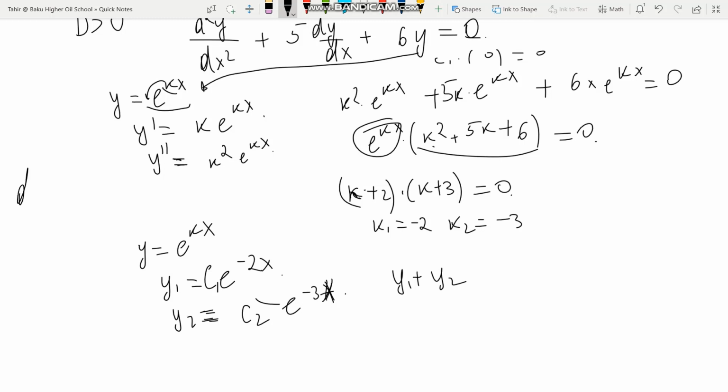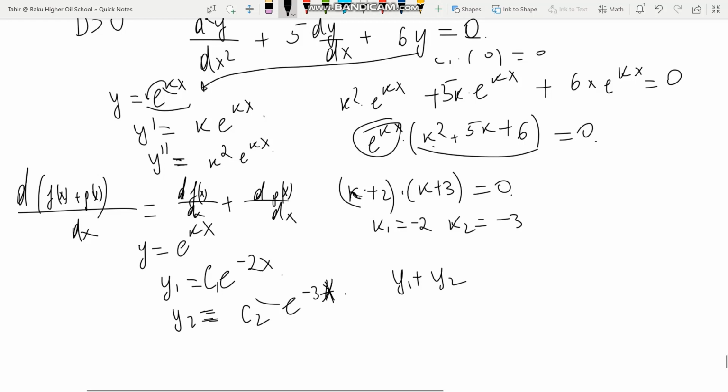For example, you can write the derivative of f(x) plus g(x) divided by dx. This is equal to df(x) divided by dx plus dg(x) divided by dx. Therefore, for the same reason, our final solution will be c1 multiplied by e to the power minus 2x plus c2 multiplied by e to the power minus 3x.